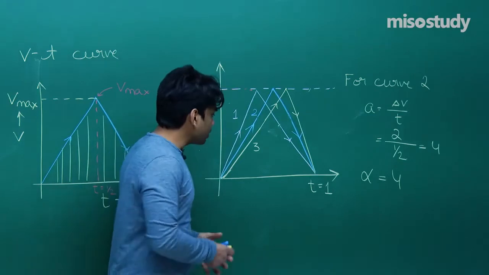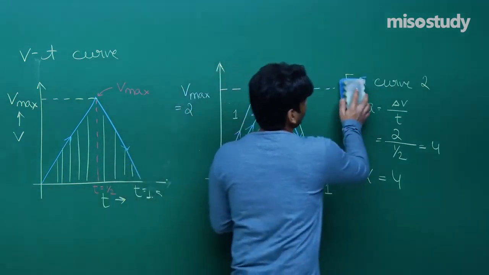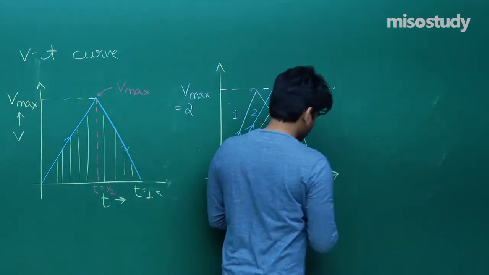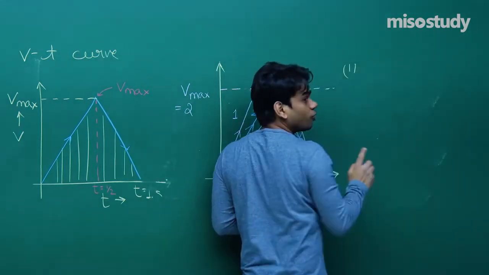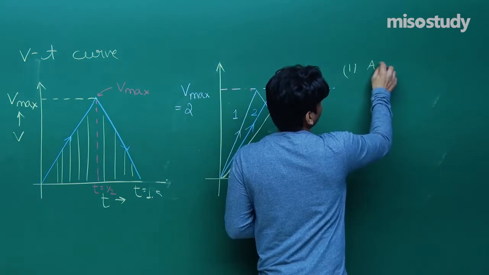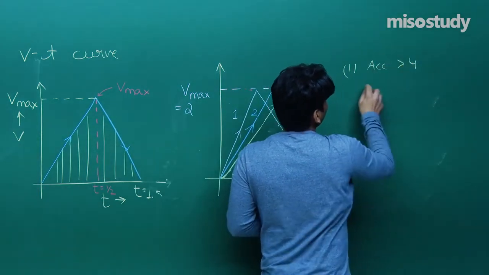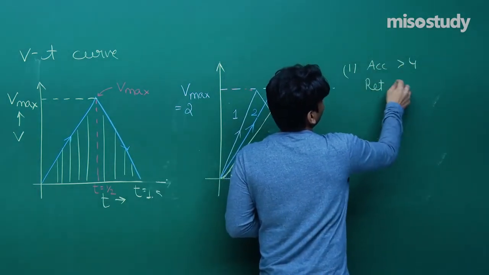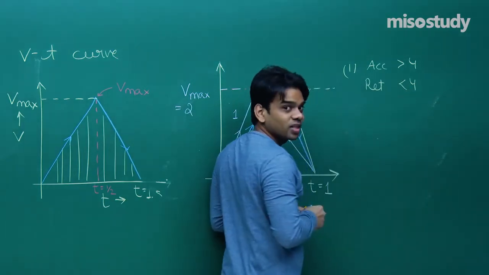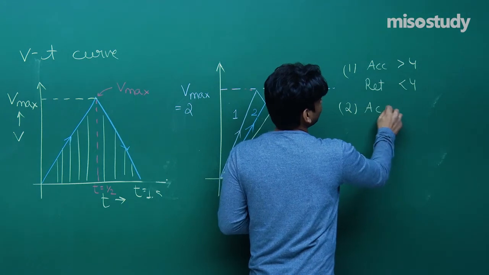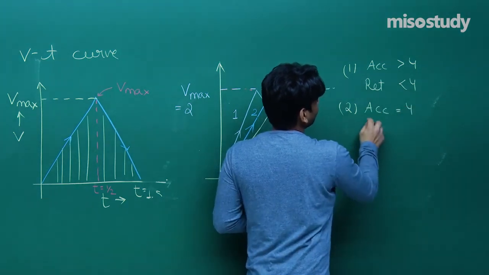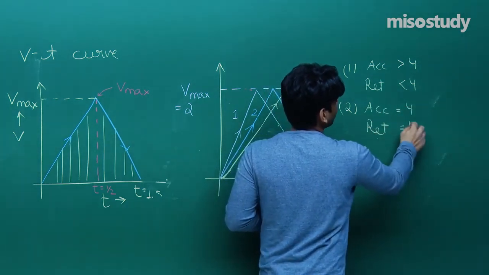So if I talk about each kind of possibility that we are having, I am going to show you all here. For curve number 1, acceleration will be greater than 4 and retardation will be less than 4. This is the possibility for curve number 1. For curve number 2, acceleration is equal to 4 and retardation is also equal to 4.